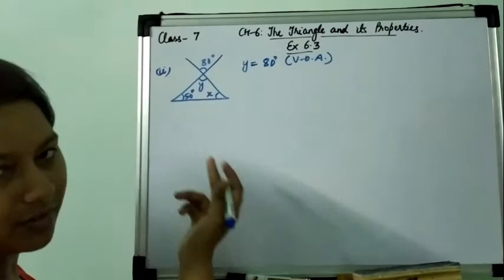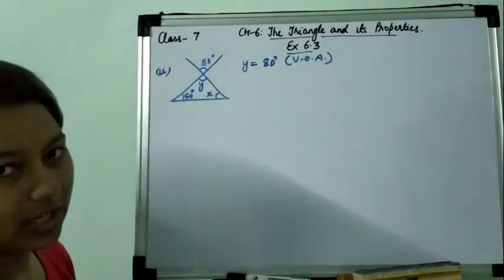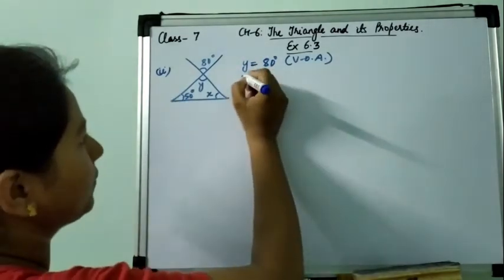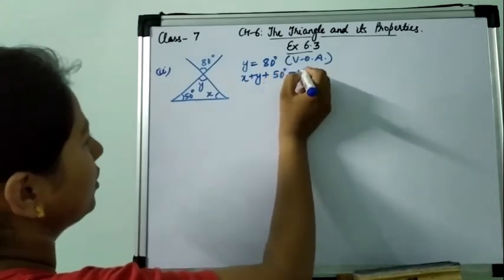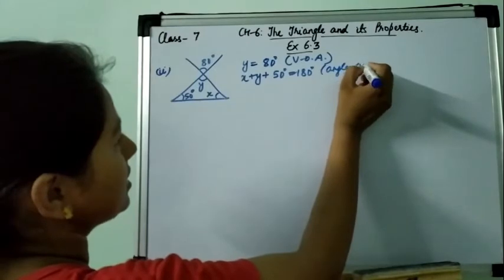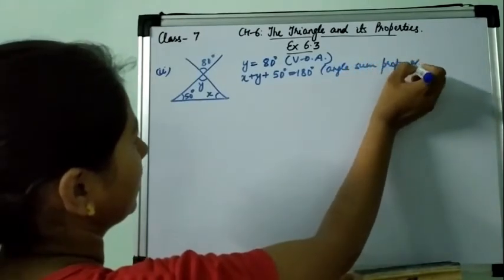Now x we can find out. y is known, 50 is known, and x has to be found. So these are the three angles of the triangle. So angle sum property. Again x plus y plus 50 degree is equal to 180 degree. Reason, angle sum property of triangle.